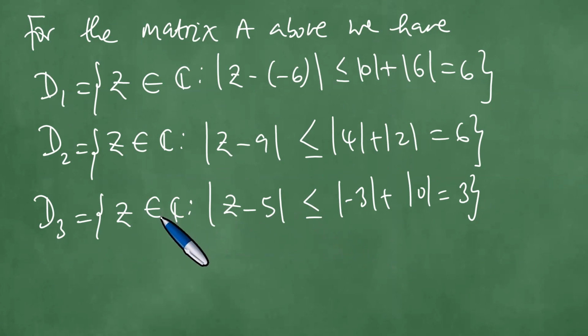So the off diagonal entries of 6 would be what? There would have to be a 9 here.